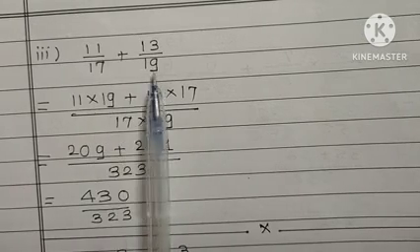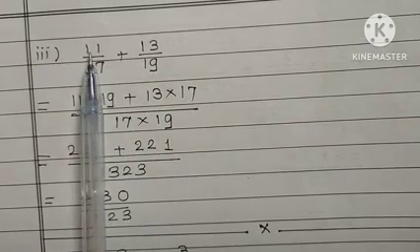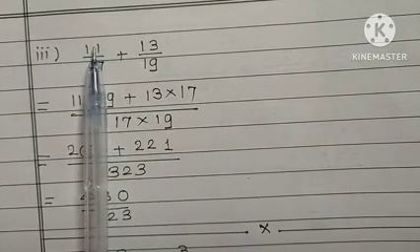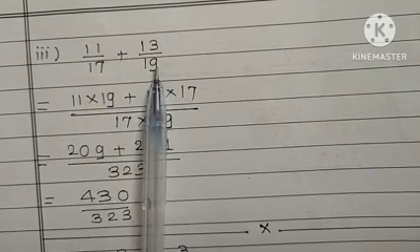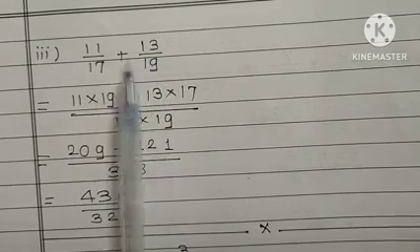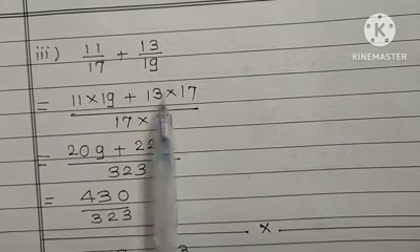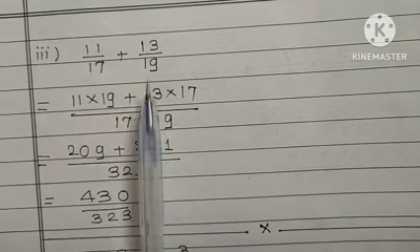Third, 11 upon 17 plus 13 upon 19. Again, here you can use the cross multiplication method. So 11 into 19, this is the cross multiplication, plus 17 into 13, that is 13 into 17, upon 17 into 19.